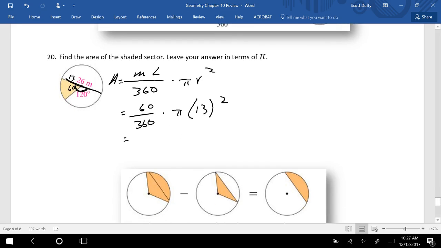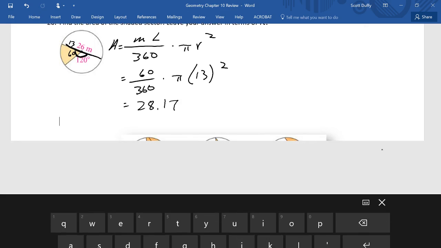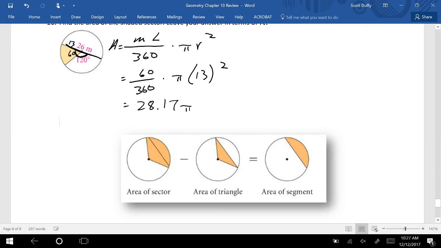Leave answers in terms of pi, so multiply everything else out, and you're going to get 28.1617 pi. And that would be in square meters.